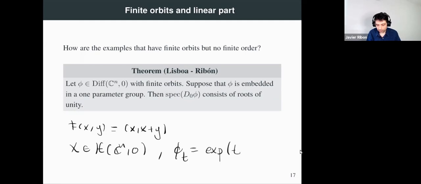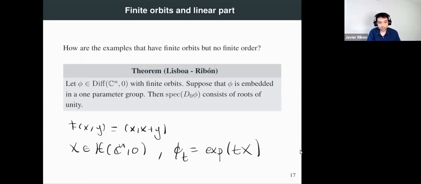Okay. So this time t map is going to be a discrete dynamical system, which comes from a continuous dynamical system. And in this case, you can prove that if phi has finite orbits, all eigenvalues are roots of unity. So you do not find more examples than the ones that already existed previously in the literature.